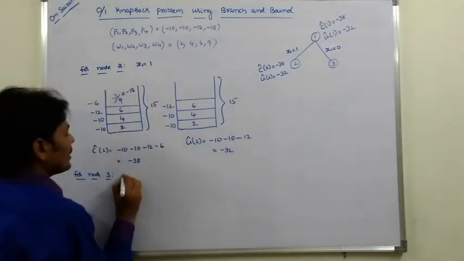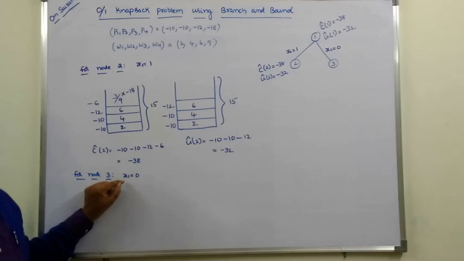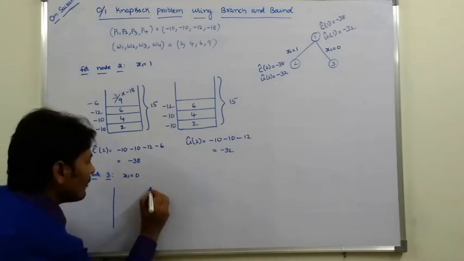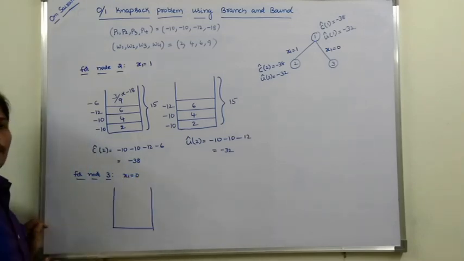Here x1 is equal to 0. So we do not place the first object into the knapsack but the remaining objects are placed. Okay. We do not place the first object into the knapsack because x1 is equal to 0.